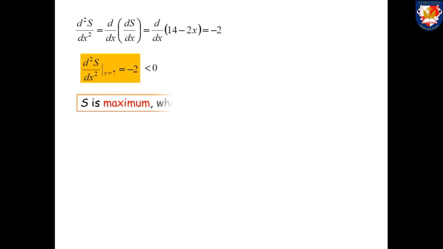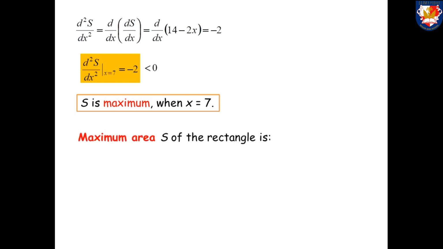So S is maximum when x equals 7. From here, the maximum area S of the rectangle ABCD is S equals 14x minus x squared, and substituting x equals 7, we have 14 times 7 minus 7 squared equals 49 centimeters squared.